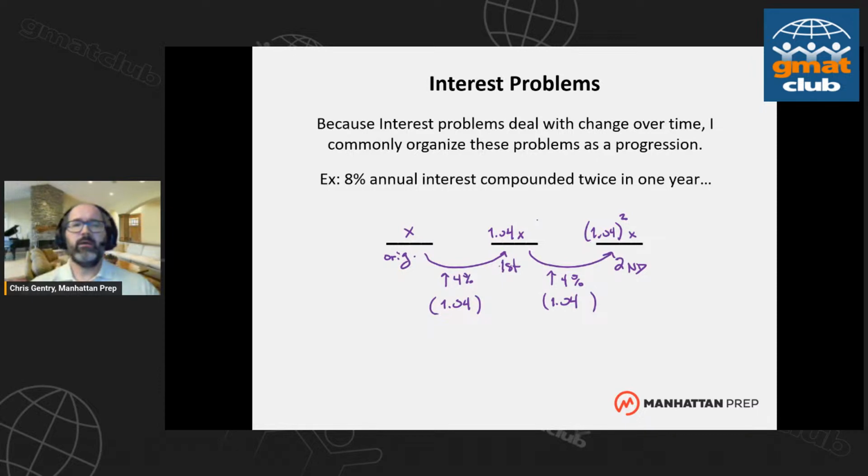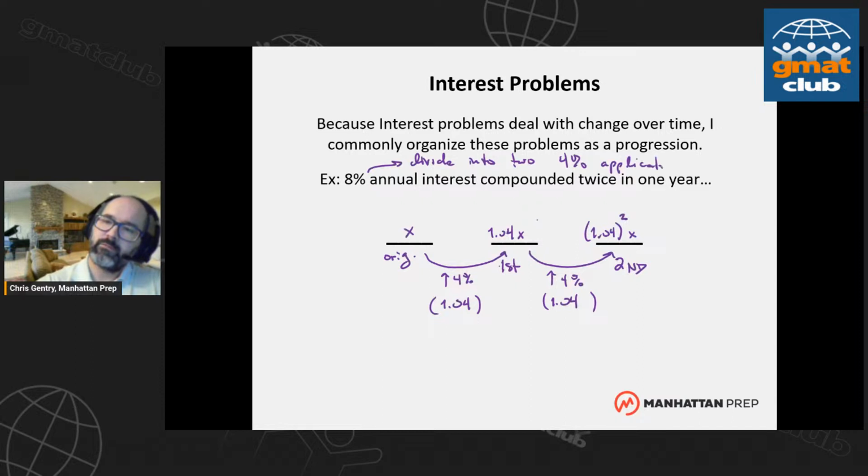Tanya, 8% interest compounded twice in 1 year. You take that 8% and you divide this into 2 applications of 4%. Again, a weird wrinkle of compound interest.